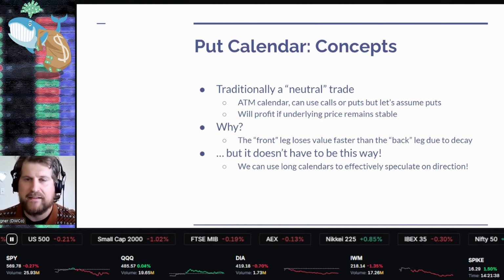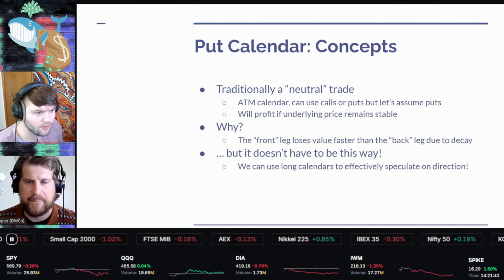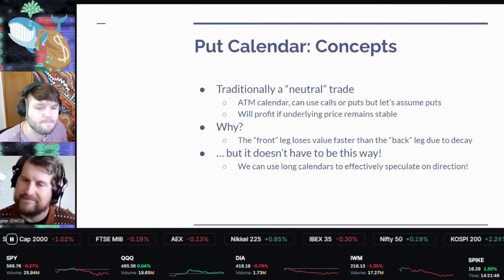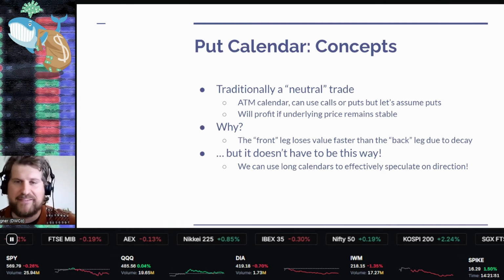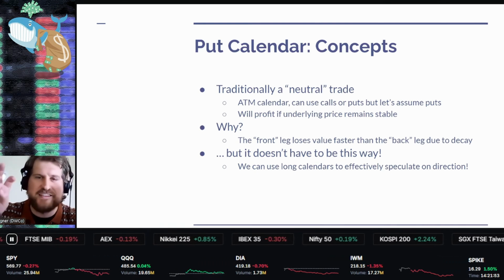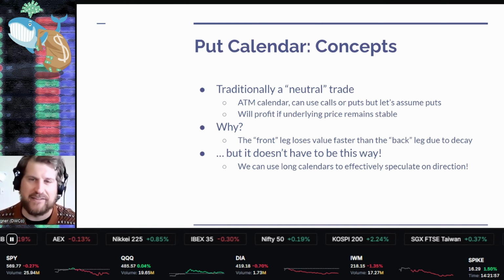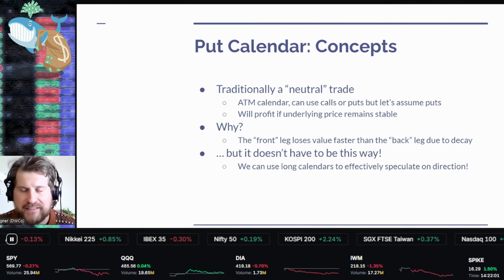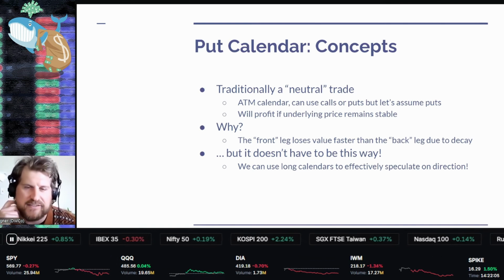And that higher implied volatility bears credence to potentially a higher credit received. You read my mind, right? So you're selling high implied volatility and you're buying low implied volatility. Makes sense. It depends on the underlying and the difference in the expirations that you choose.